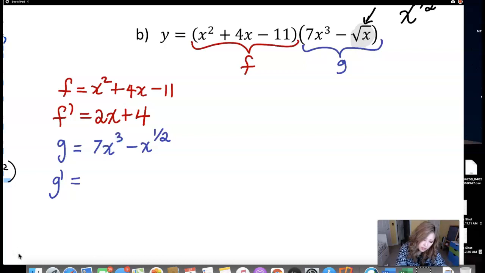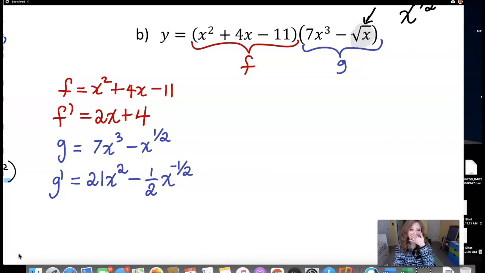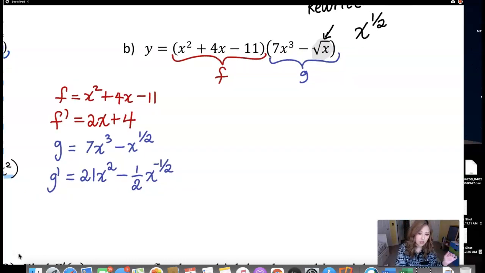So we're going to get 21x squared minus, bring down that half, and go down 1 from positive half. Half minus 1 is negative half. So we got it. So we got all the pieces. We got f and f prime, g and g prime. We're ready to do the product rule.